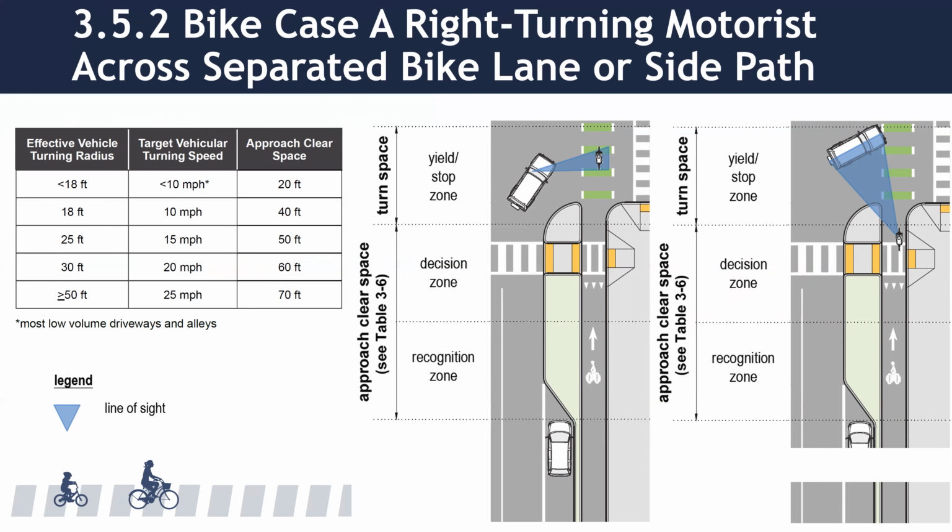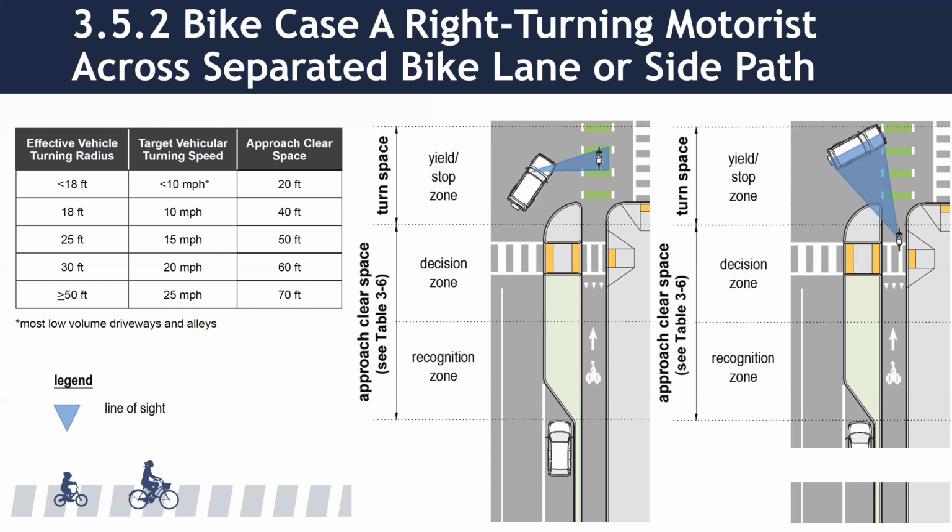Unlike other sight distances in the guide, this shows approach clear space rather than a sight triangle. The provision of the noted approach clear space, free of sight obstructions like trees or on-street parking, and based on the intersection design characteristics of effective turning radius, are fundamental to how bike case A works. As such, this relies on the expected turning speed of a motorist based on the effective turning radius of that motorist.